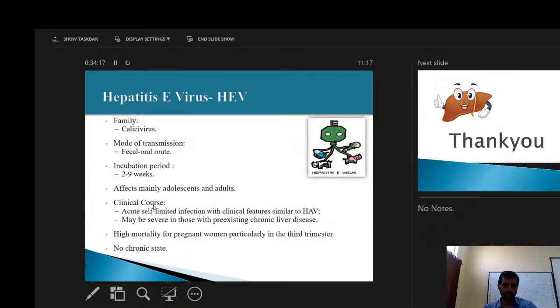Coming to hepatitis D virus, we have already covered. Coming to hepatitis E virus. So this virus is important in pregnant patients. It is notorious to cause cholestatic hepatitis in pregnant patients, and also has high mortality within them. So what is the mode of transmission? It's a fecal-oral route, just like hepatitis A virus. You'll have epidemics in local communities.